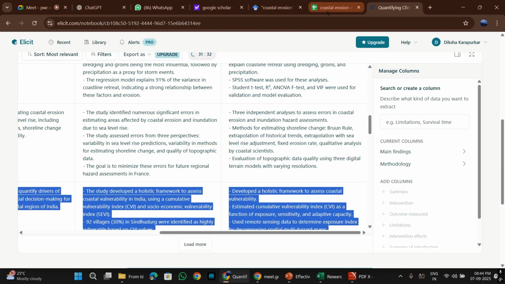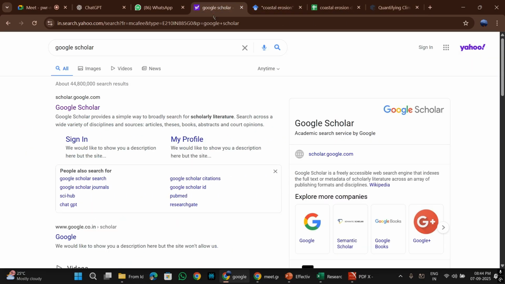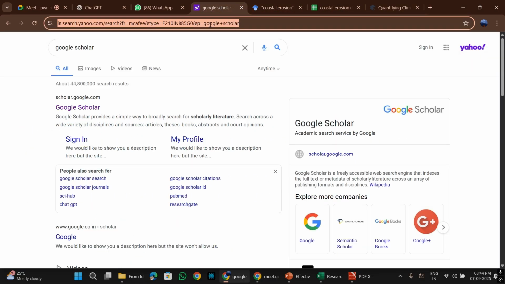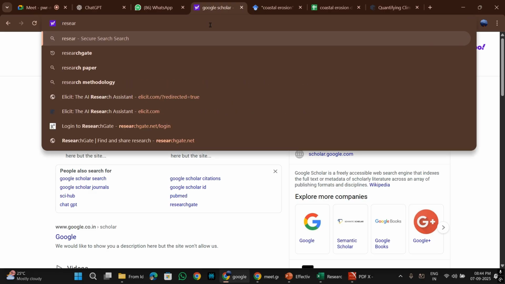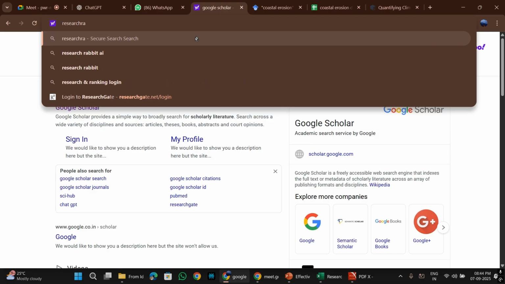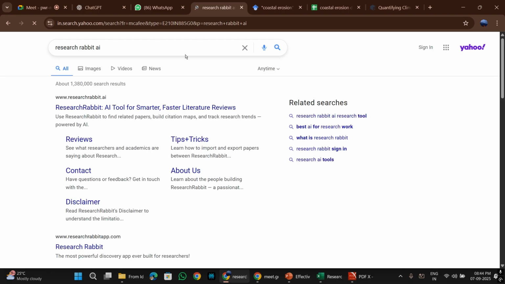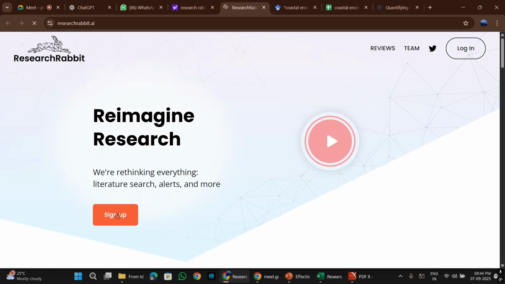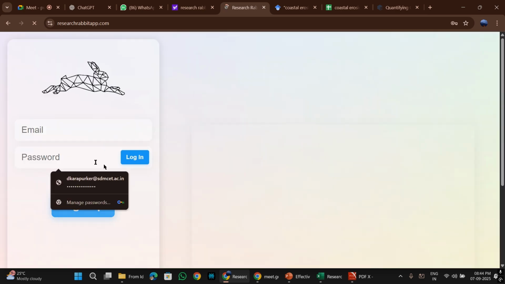Besides that, the other is Research Rabbit. Let's go to Research Rabbit. Let's search for Research Rabbit. These are AI tools. Yet again, you sign up using your Gmail account itself.